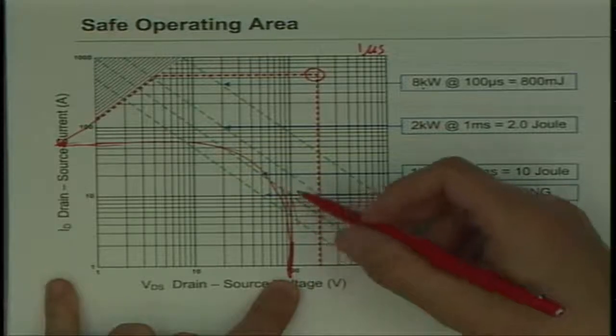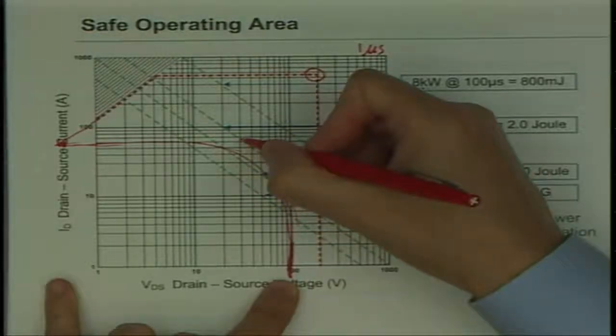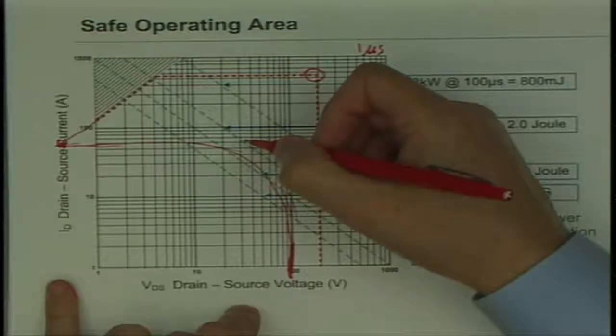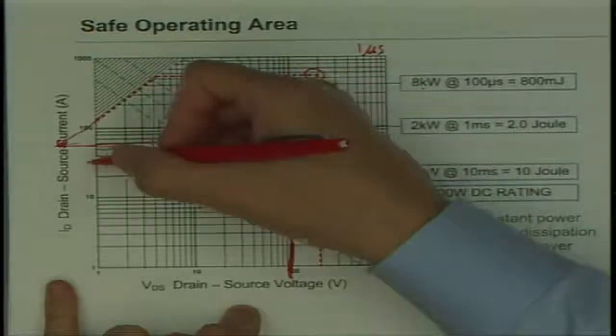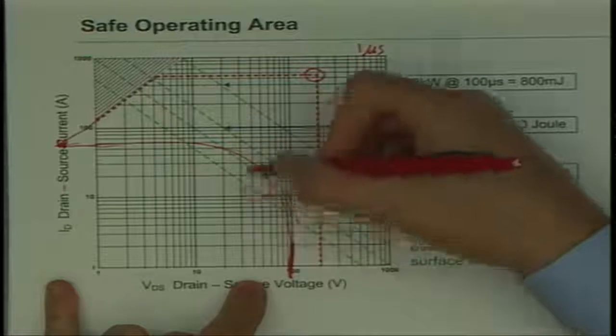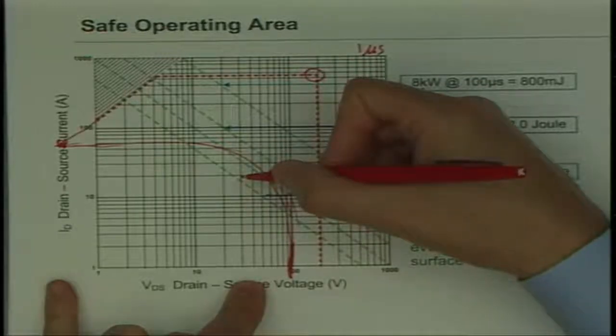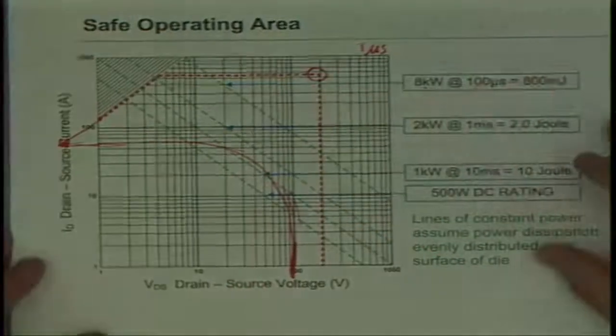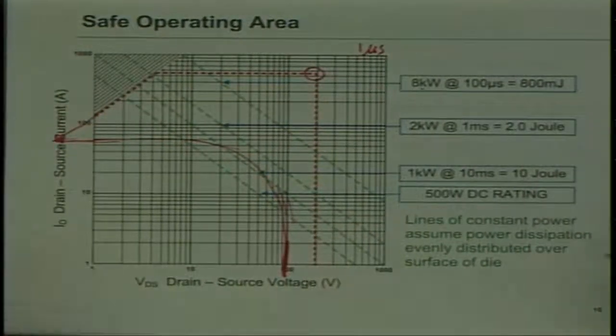The only way you can get to any of these lines is to be halfway turned on. In other words, the gate isn't on all the way, because I'm simultaneously drawing current and the voltage isn't zero or near zero. This is what we call linear mode, and it's not how FETs are normally used, but there are fault conditions or other scenarios where you need to be able to handle that.